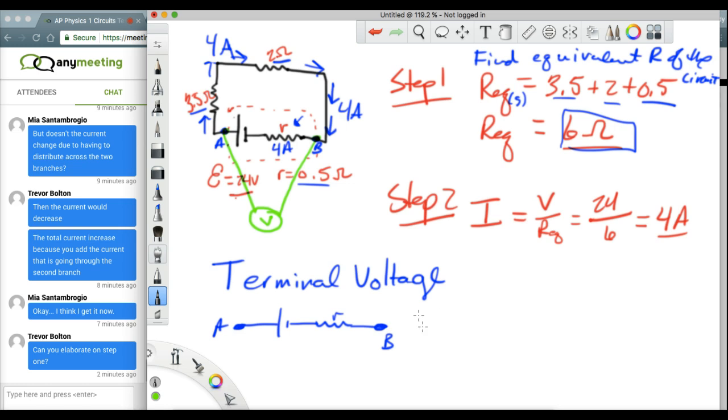So that VAB is going to be equal to the EMF minus the current of the circuit times the internal resistor. So this E right here stands for EMF. That is the electromotive force.